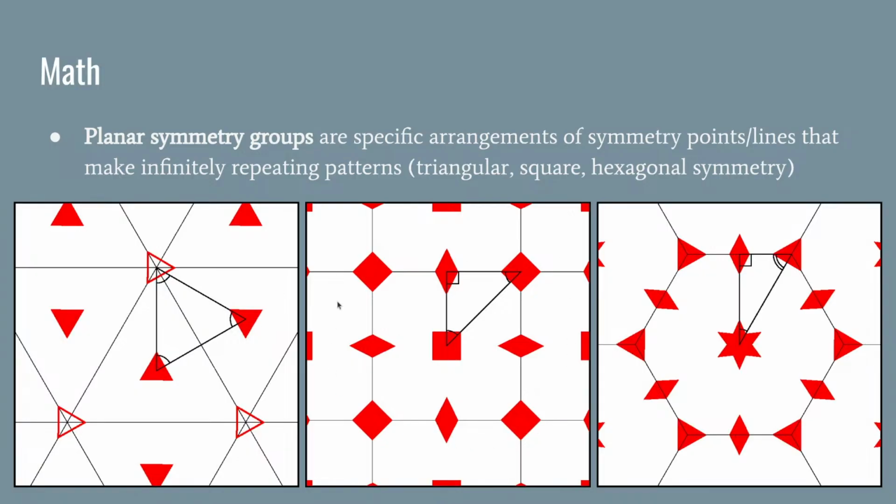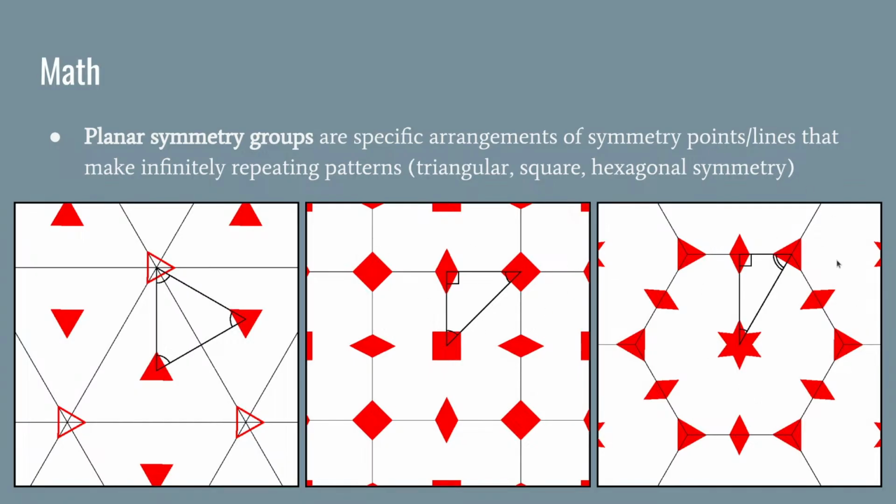Things that repeat like a square, where there's the center of the square, the corner of the square, and the center of the edge of the square. So the center of the square and the corner of the square both have four of the same thing on the four sides. And the center of the edge has the same thing on opposite sides, but not all four.